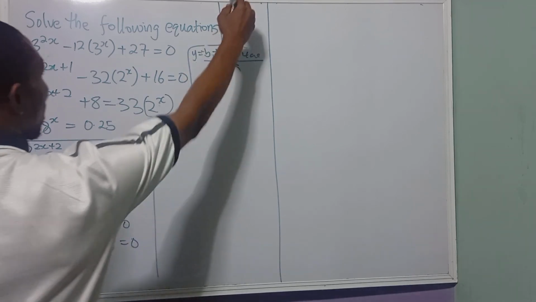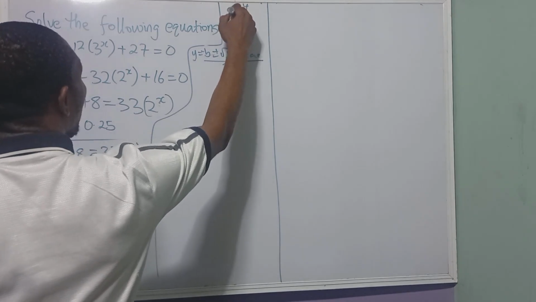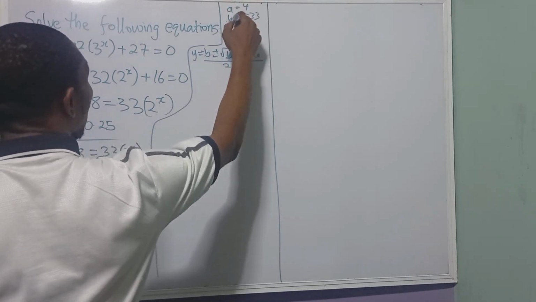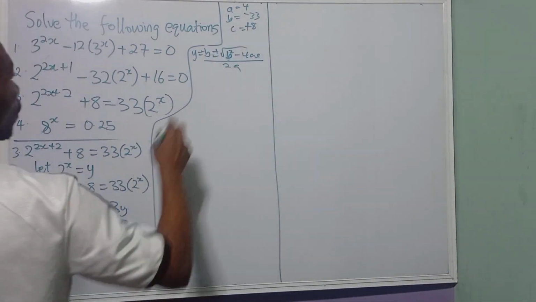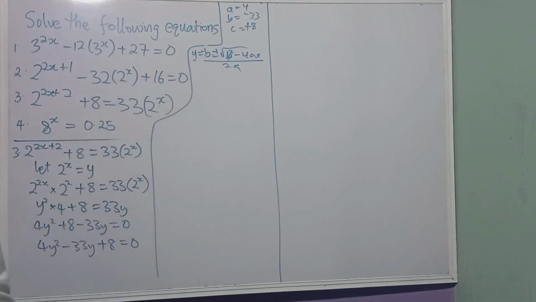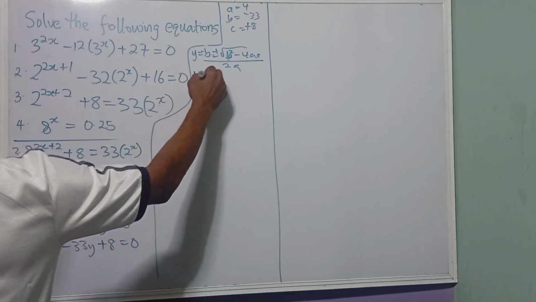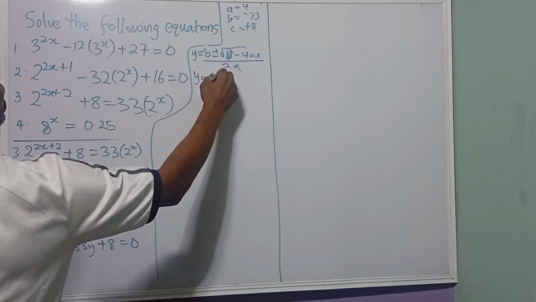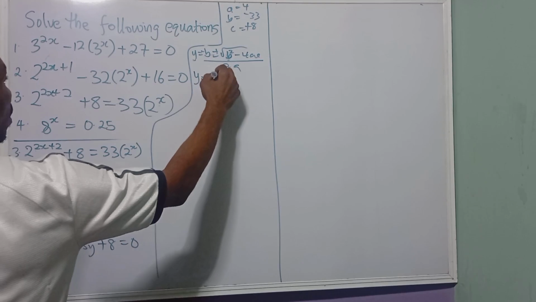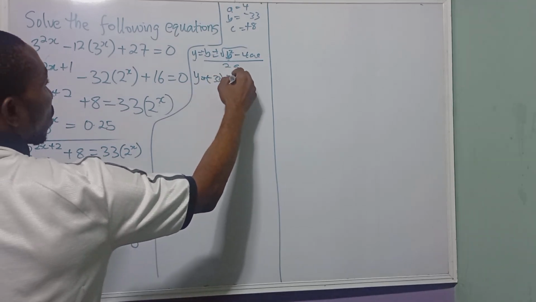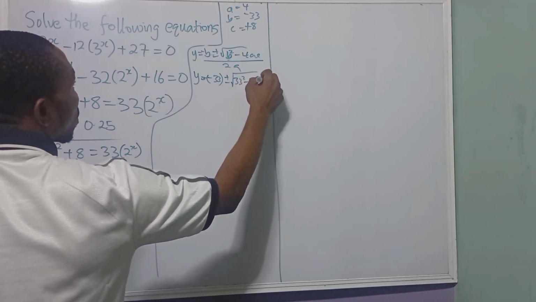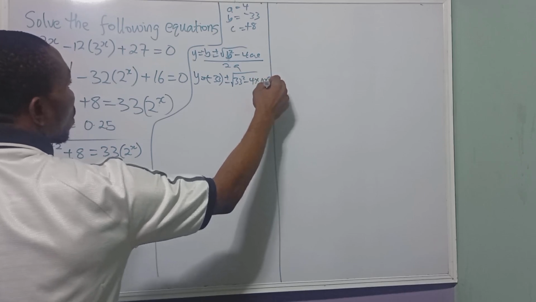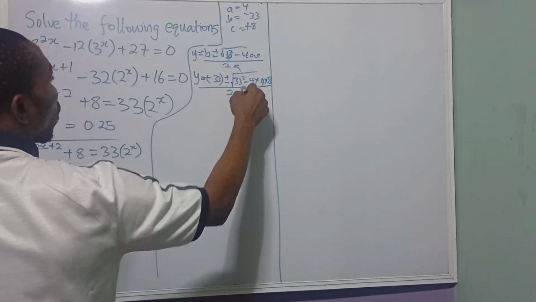In this case, a is 4, b is minus 33, and c is plus 8. So we have y equals minus minus 33 plus or minus root 33 squared minus 4 times 4 times 8, all over 2 times 4.